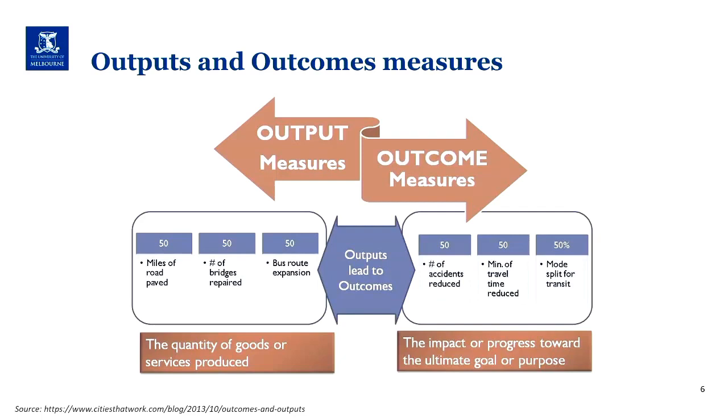That's the output, that's the result. But then the outcome is going to be the benefits of doing that. So these 100 teachers are going to educate maybe 2,000 students, and those 2,000 students are going to have a higher level of education, and it's going to be easier for them to get a job. So that is the outcome of this project.